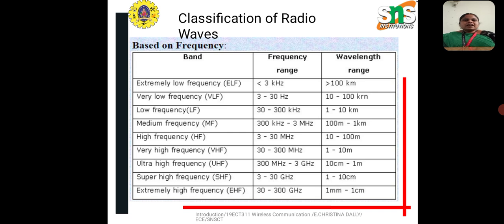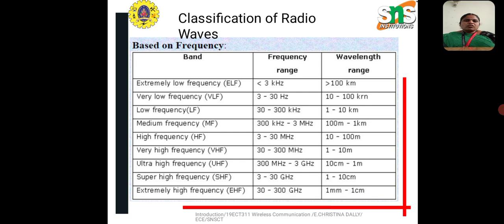So this is the classification of the radio waves based on the frequency. Already we have discussed radio waves. At the same time, the frequency bands we are using are extremely low frequency, very low frequency, medium frequency, high frequency, very high frequency, ultra high frequency, and extremely high frequency.